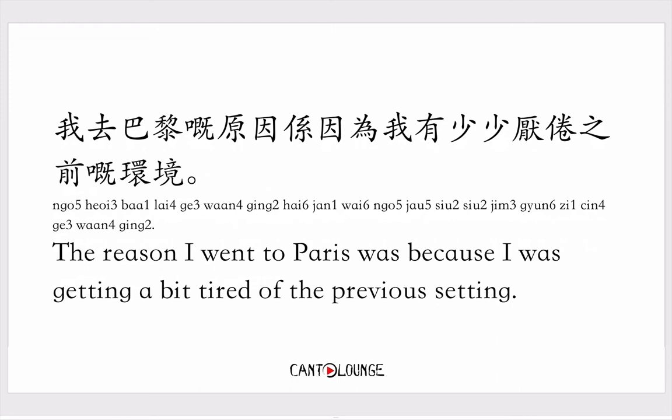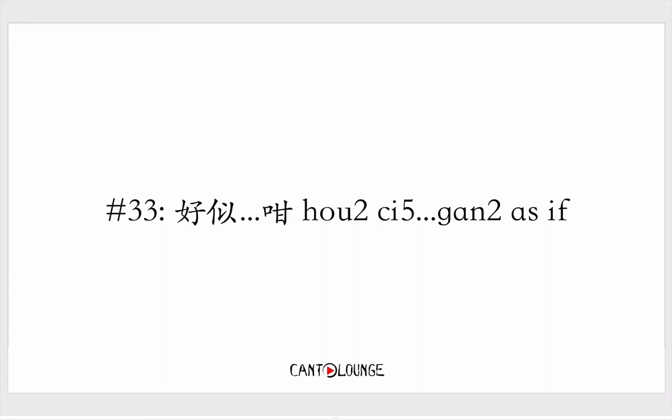So 我嚟巴黎嘅原因, remember another relative clause, so the reason I am here in Paris, 係因為 is because 我有少少 I'm a little bit 厭倦 tired of, growing tired of 之前嘅環境 my previous environment, right?